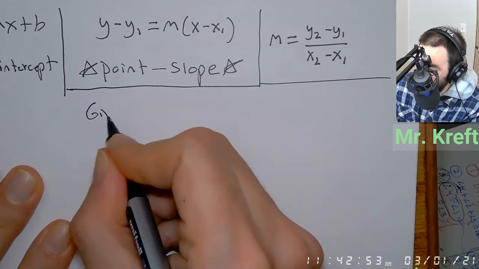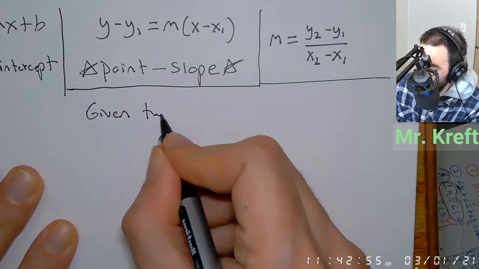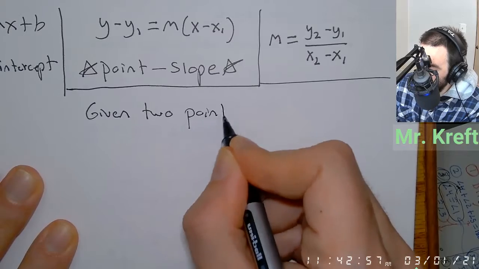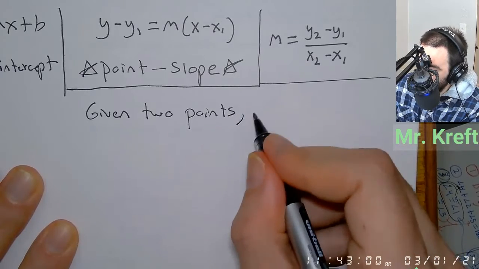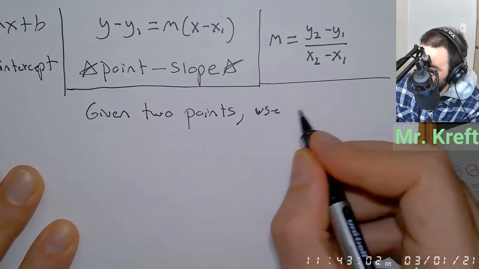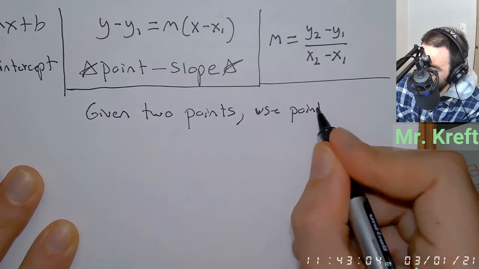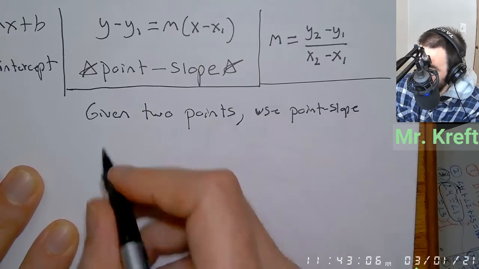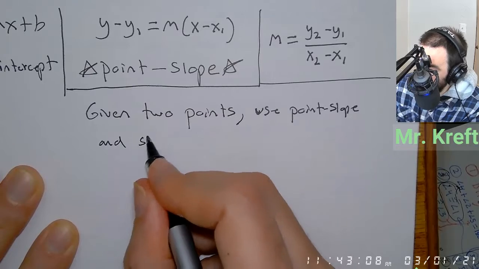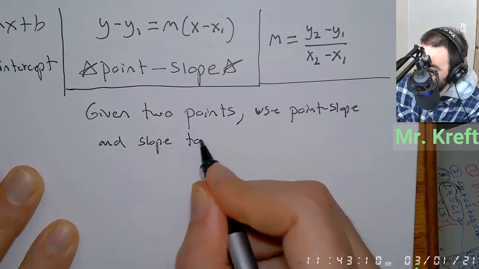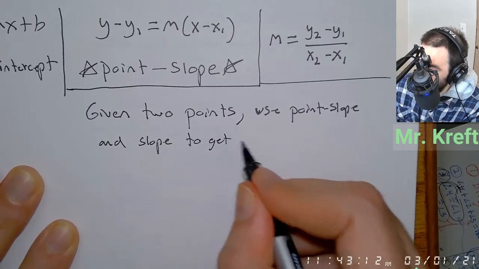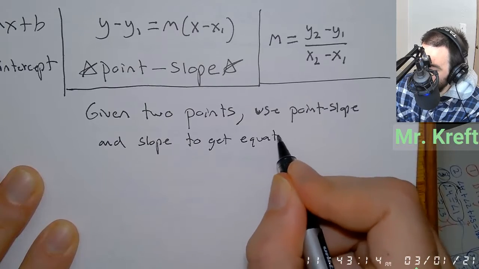So given 2 points, use point-slope form and slope to get the equation of a line.